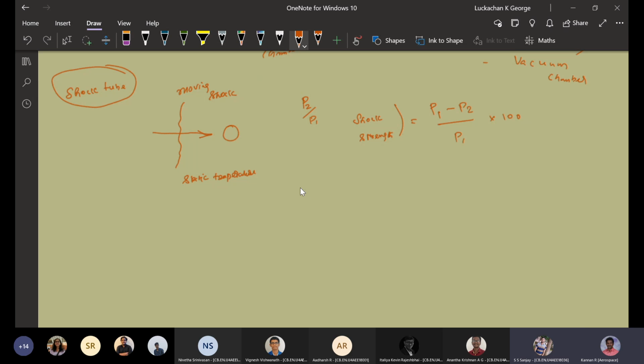Okay, sir. This GATE exam, we had a question on moving shock. They said the shock is moving and they moved the reference frame also. So it became a stationary shock problem. And then they asked us to relate the properties upstream and downstream. Mm-hmm. Normally compressible flow, it's an important one.